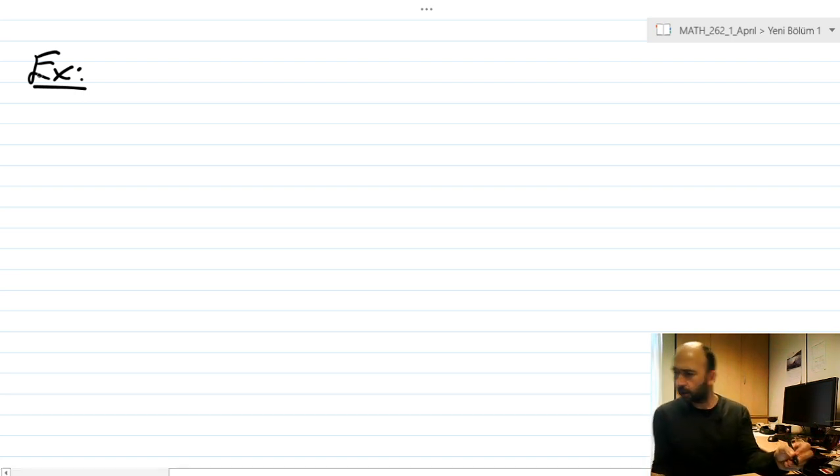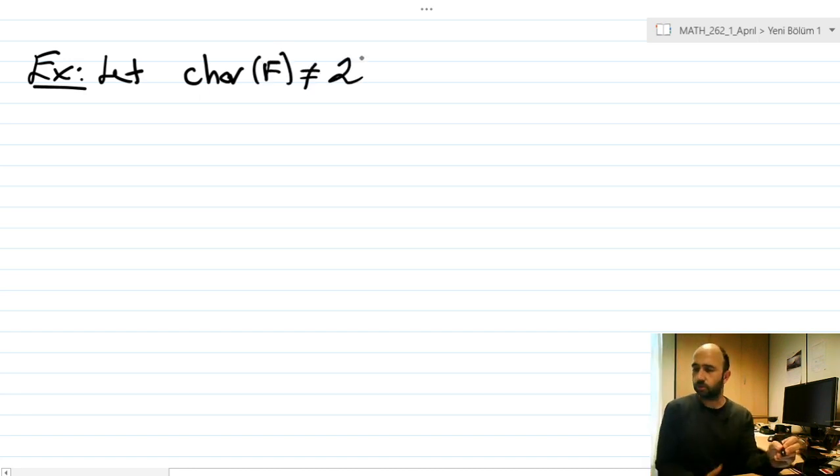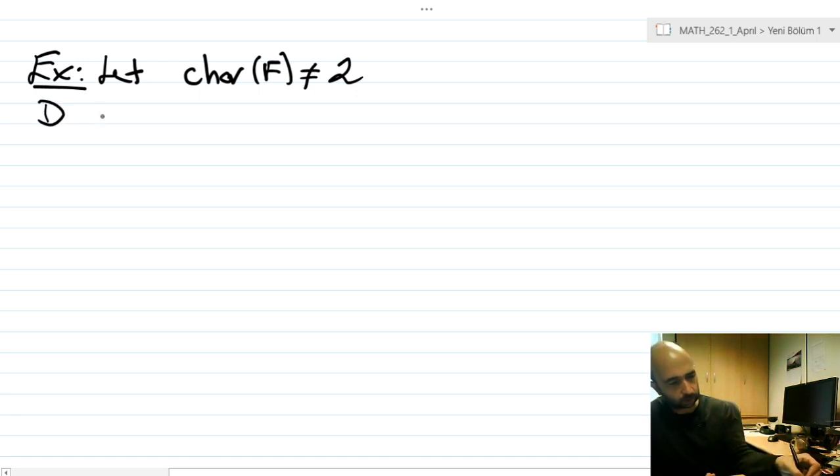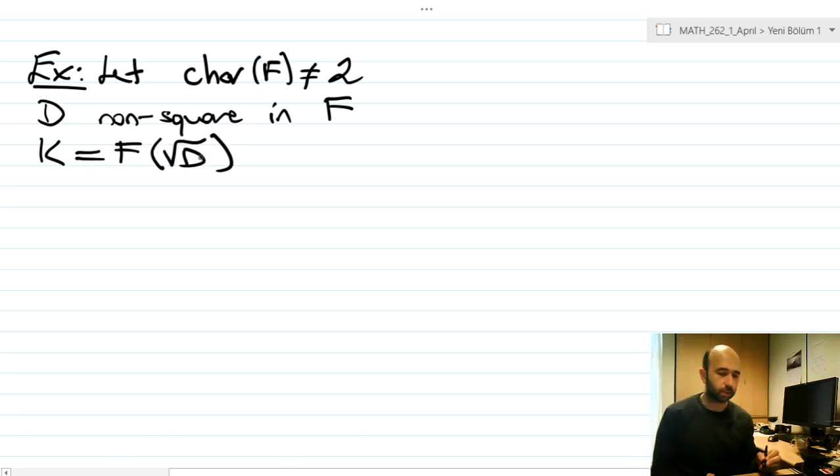Or, okay, maybe more generally, let F be a field whose characteristic is not 2, and t a non-square in F, and K is simply F adjoin root t, a typical quadratic extension.